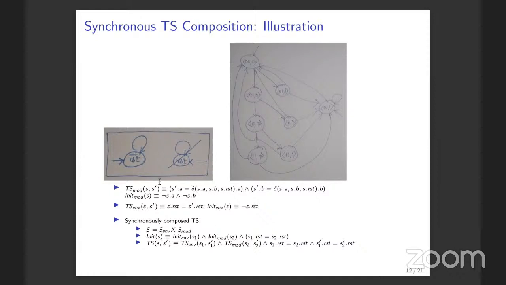So the next state of the combined system will be the effect of making the environment take its transition as well as the corresponding transition that is possible in the other one. Therefore, it'll make reset become 0, and here that will mean that it'll make this go to 0.